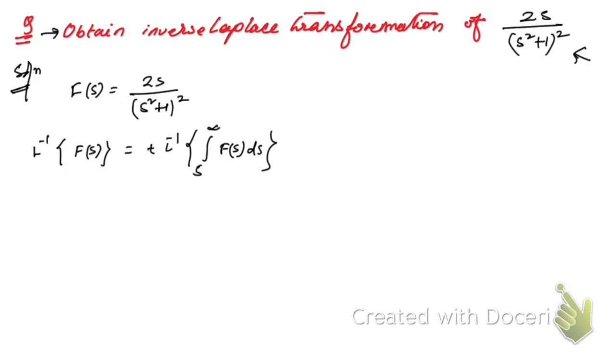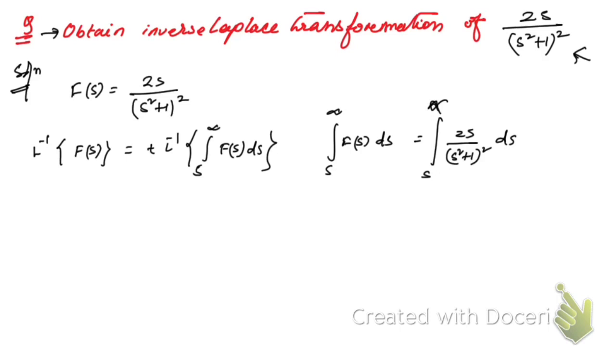So first let us find the integration from s to infinity of capital F of s ds, which is 2s by (s square plus 1) whole square ds.